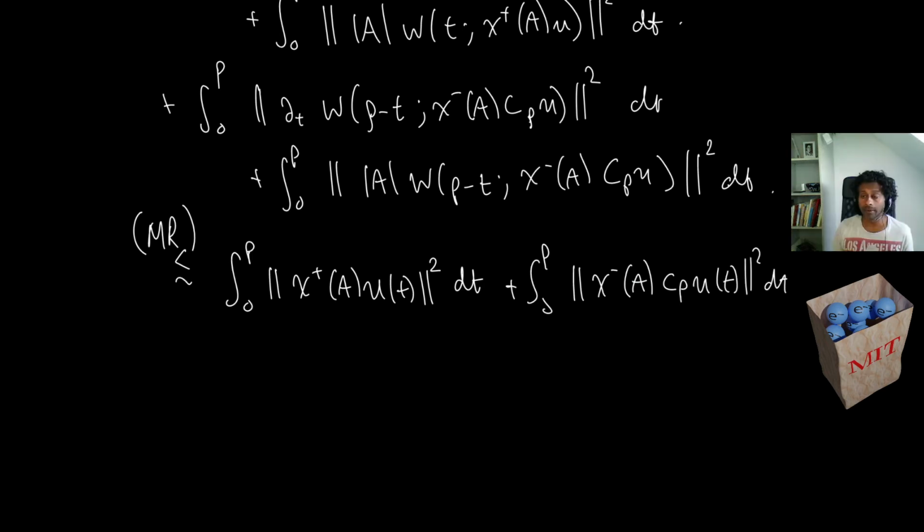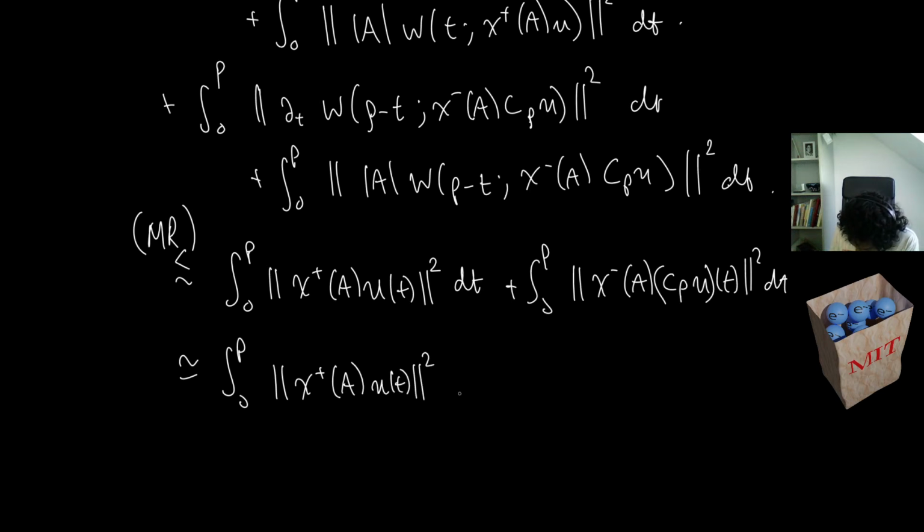you can work that out. That's quite easy to show. So it commutes with the chi minus of A, and it's also an isometry of this interval 0 to rho, right? It's just integrating backwards rather than forwards. So then this is now equivalent to 0 to rho of chi plus of A of u of t squared plus chi minus A u of t squared dt.